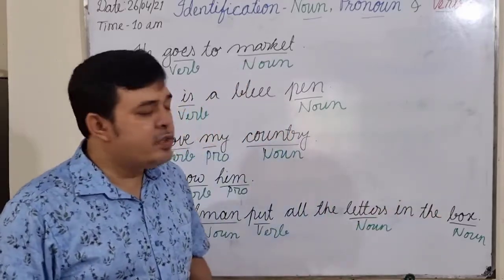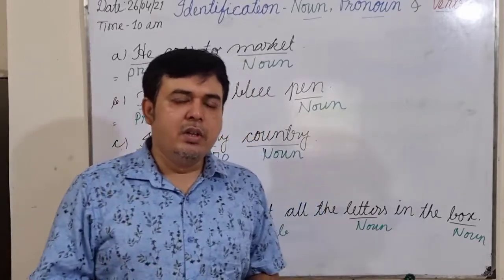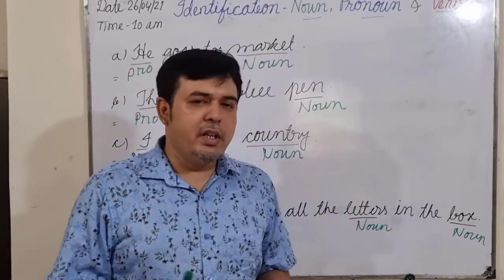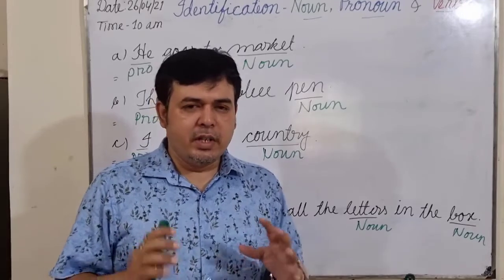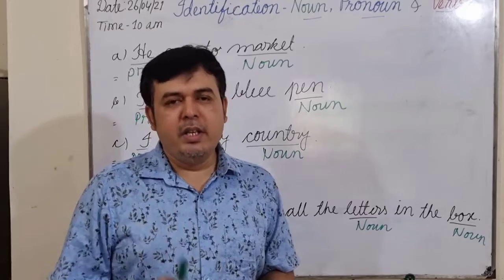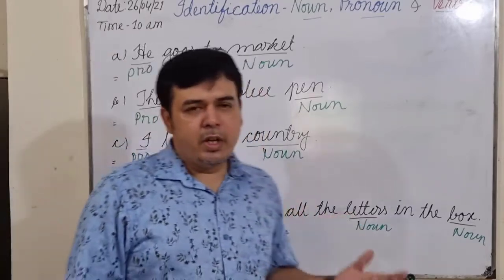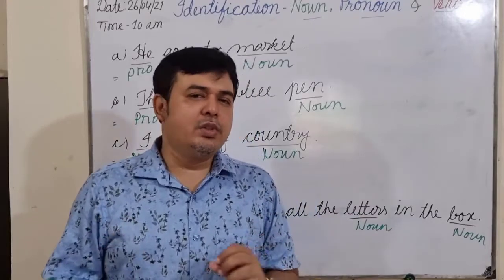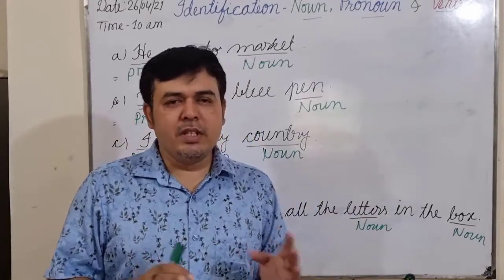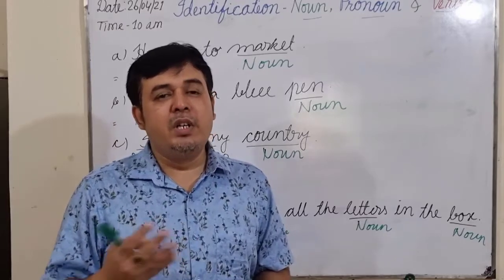Another very important thing is the abstract noun. That is the name of a quality. For example, truthfulness, action, honesty, sincerity. These are also nouns. And after that, pronoun. What is a pronoun? A pronoun is used instead of a noun, so that we don't use the noun repeatedly.